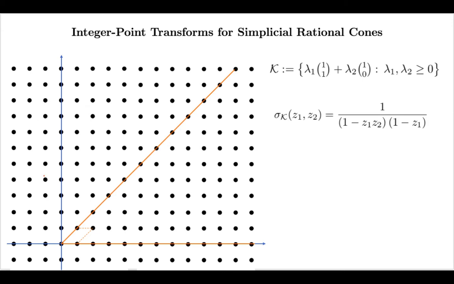If you remember from the previous video, now I'm in the situation where I have two generators that form a Z-basis of the integer points in R². This means that my half-open fundamental parallelepiped only contains the origin, and you can see this reflected in the rational generating function that belongs to this cone. There's a single 1 in the numerator.